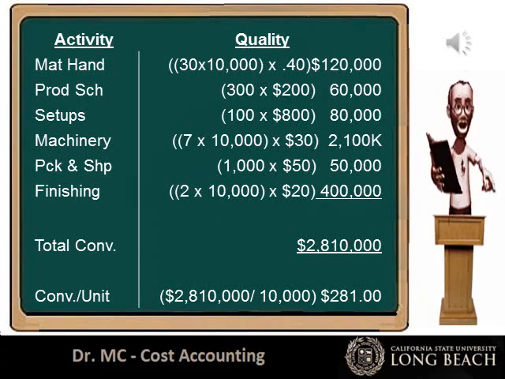The finishing costs are $20 per direct labor hour times 20,000 direct labor hours, which is $400,000. The total conversion costs applied to all of the quality items is $2,810,000, and when you divide that figure by the 10,000 quality units, you get a conversion cost of $281 per quality unit.